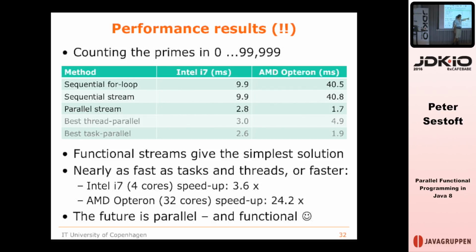And the best hand-parallelized code I could write was not as good as the parallel stream. So the people who implemented this stuff in the Java libraries and the Java virtual machine really know what they're doing.